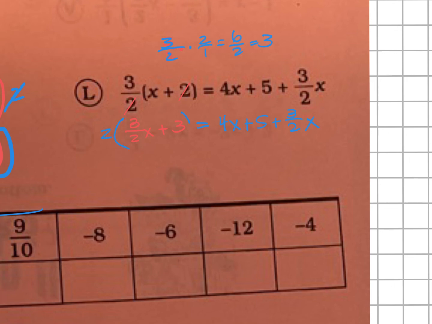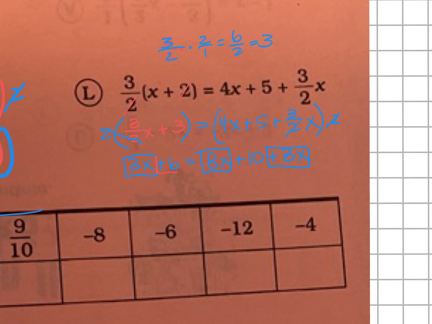2 times bigger, 2 times bigger. We're going to get the 2 cancels out the 2. 3x plus 6 equals 8x plus 10 plus 3x, because the 2 will get rid of the 2. That's why we chose 2 in the first place. So we have an x term, an x term, and an x term.